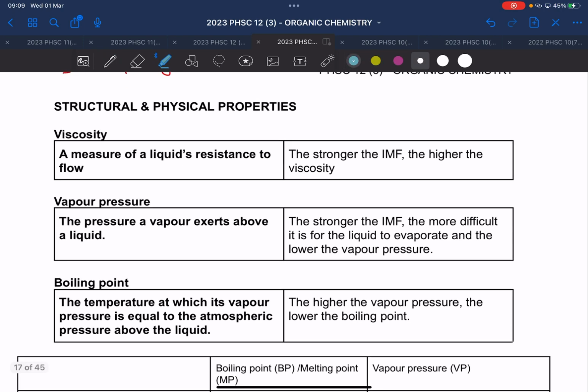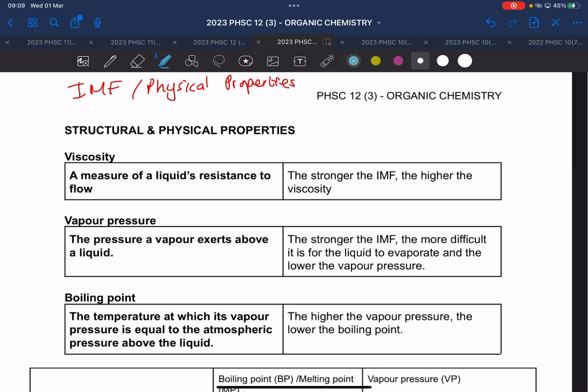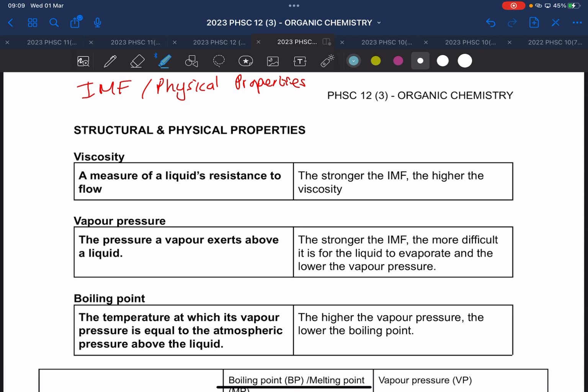So first, there are a few definitions that you must know. The first one is viscosity. What is that? It's a measure of a liquid's resistance to flow. How difficult or how easy does something flow? It says here, the stronger the intermolecular forces, the higher the viscosity. That is when we did those chains. I showed you a video as well of the long chains.